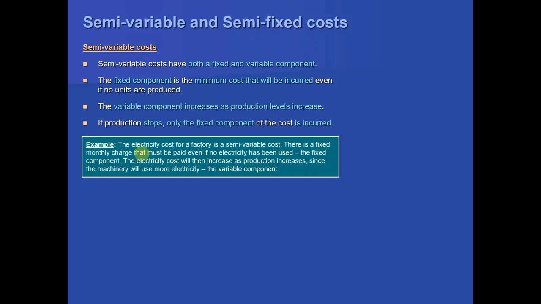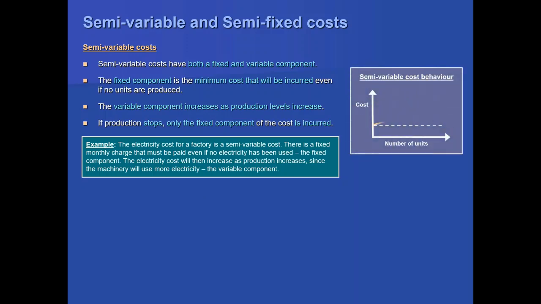There is a fixed monthly charge that must be paid even if no electricity has been used, the fixed component. Electricity costs will then increase as production increases, since the machinery will use more electricity, the variable component.